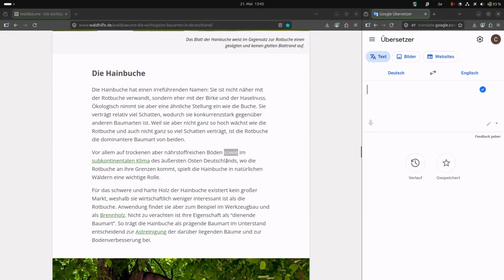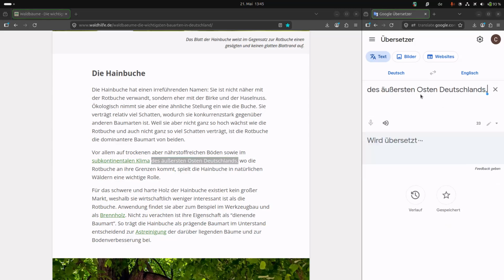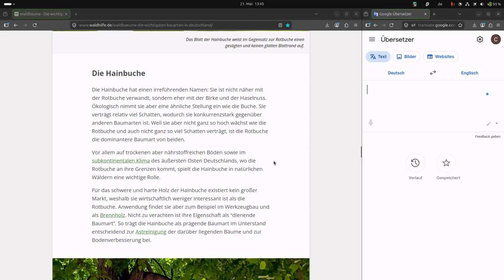Des äußersten Ostens Deutschlands, of the most, what's it called, the outer, äußersten, most extreme, the äußersten Ostens Deutschlands, so east of Germany basically. Osten means east, Deutschland is Germany, far east of Germany, wo die Rotbuche, where the European beech an ihre Grenzen kommt, at her borders, Grenze means borders.